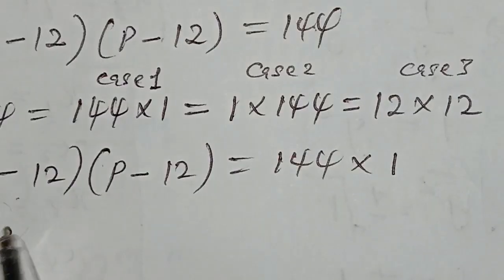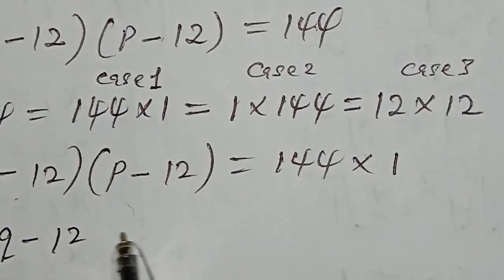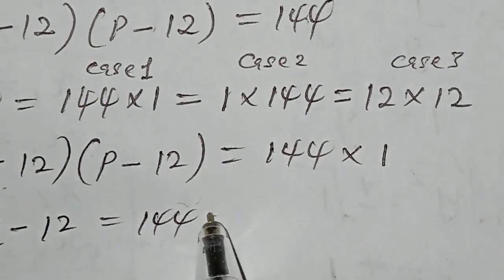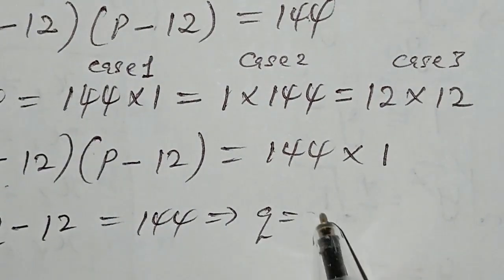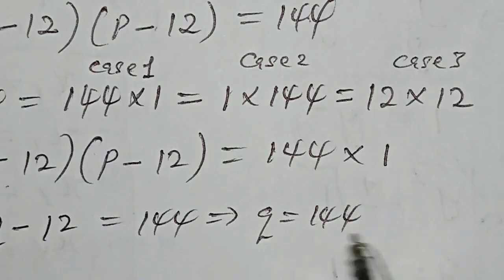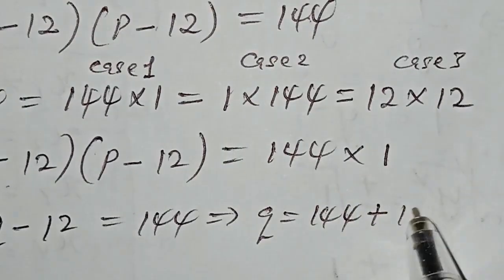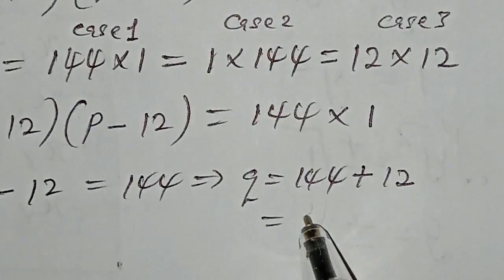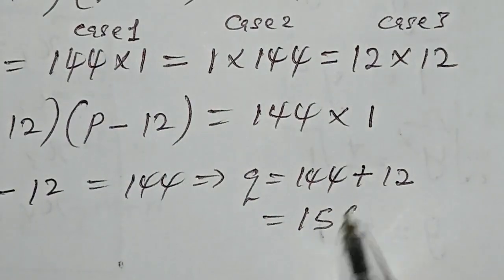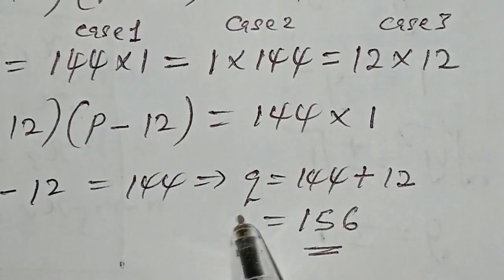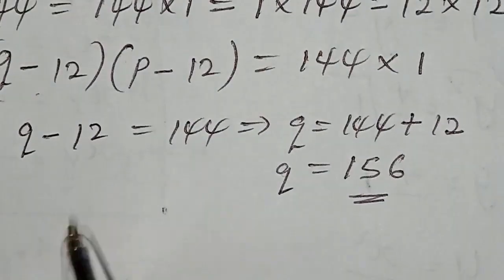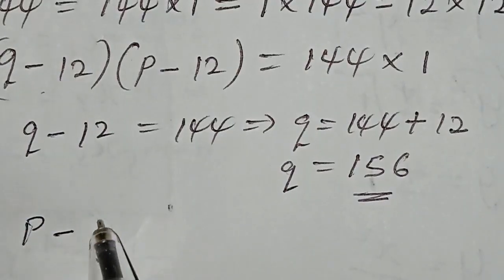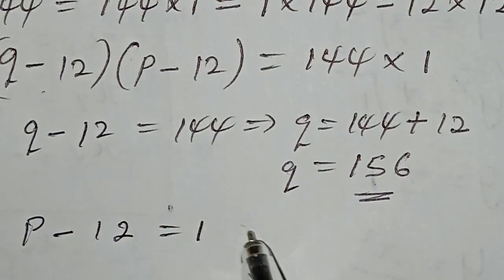So we have Q minus 12 equal to 144. This implies that Q will be equal to 144 plus 12, and that is equal to 156, which is given as Q. For this we have P minus 12 equal to 1.